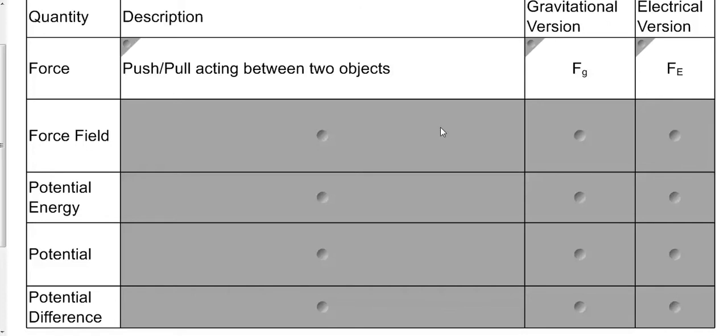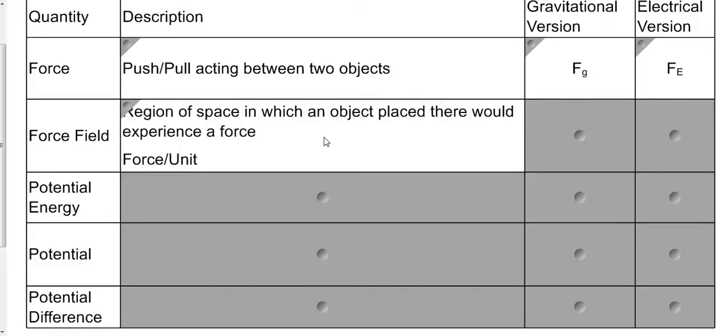The one that's maybe a little bit harder is the idea of a force field, but all this is, it's the region of space where we take away one object, the test object, and we only talk about what one object is doing to the region around it. So what is the Earth doing to the space around it? How is it affecting it? So what is the gravity or gravitational field of the Earth?